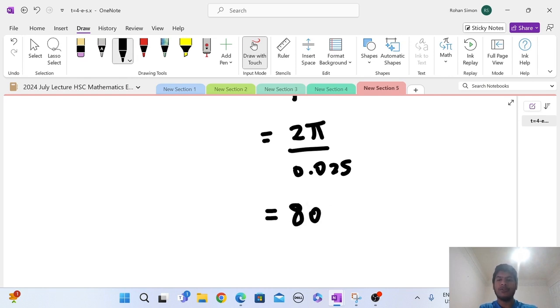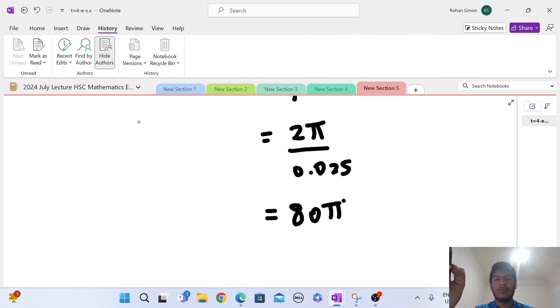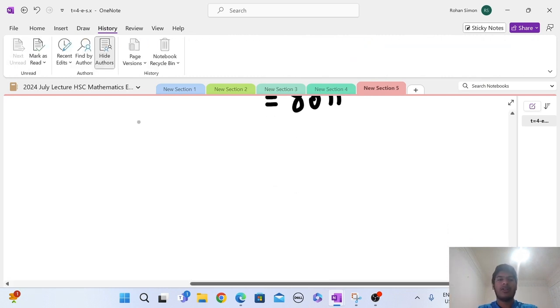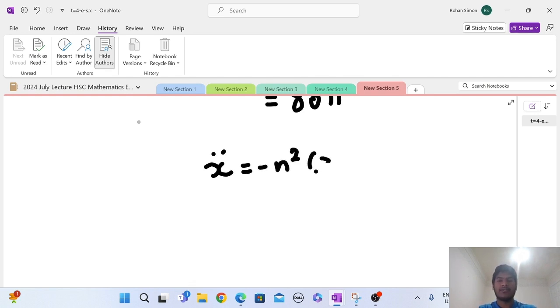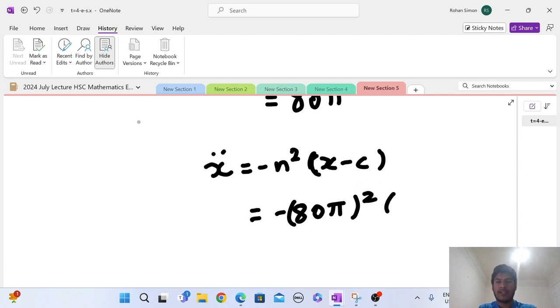And from there, what do we do? Well, we've got n, right? We've got the center of motion. Then let's try and fill in this equation. X double dot equals minus n squared times x minus c. We have the details required, so we can say that's equal to minus 80 pi squared times x minus 0.11.